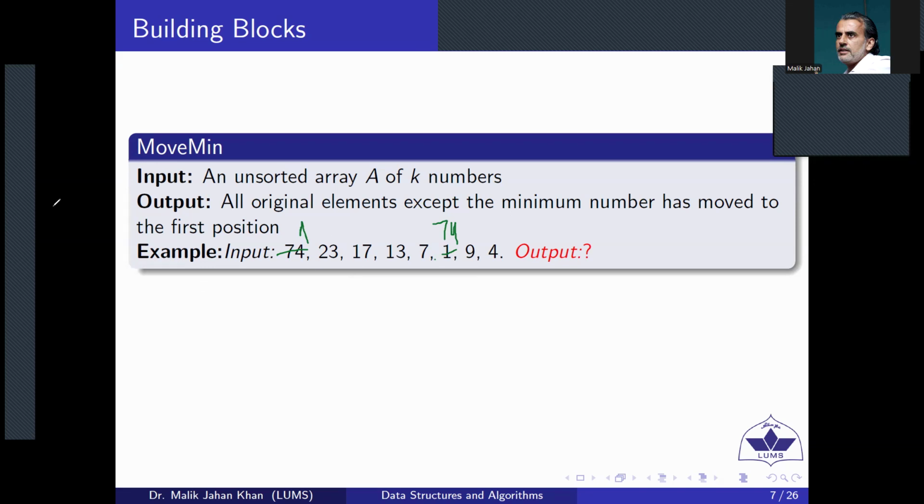And now this is one move min call. So if we ignore the first index, and we just look at these elements and we call move min once more, then the smallest element in this green box will be located and moved to its first index, which is now occupied by 23. So 4 is the smallest element that will take place of 23, and 23 will take place of 4. And another element has been placed in its right place where it should have been if the array were sorted.